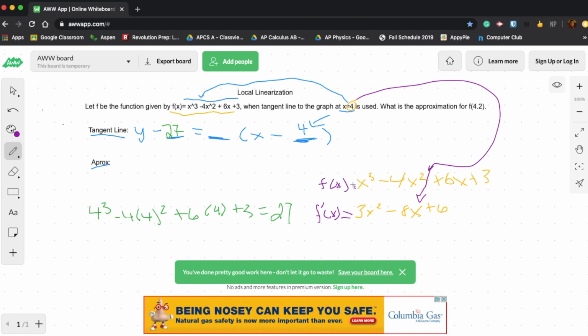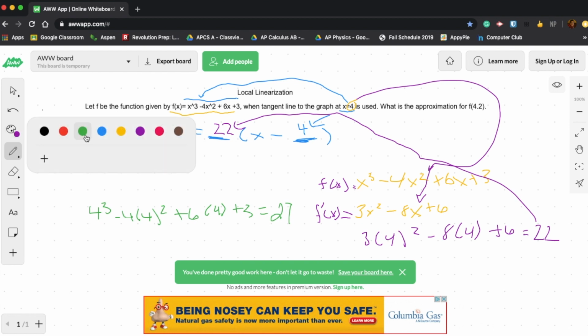Just to clarify, this is f prime of x. So it's going to be 3 times 4 squared minus 8 times 4 plus 6. When I put this in my calculator, I get 22. So that value would go right here.